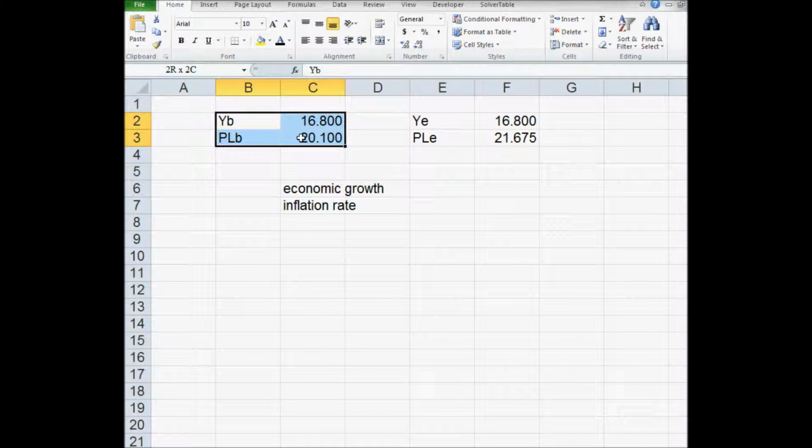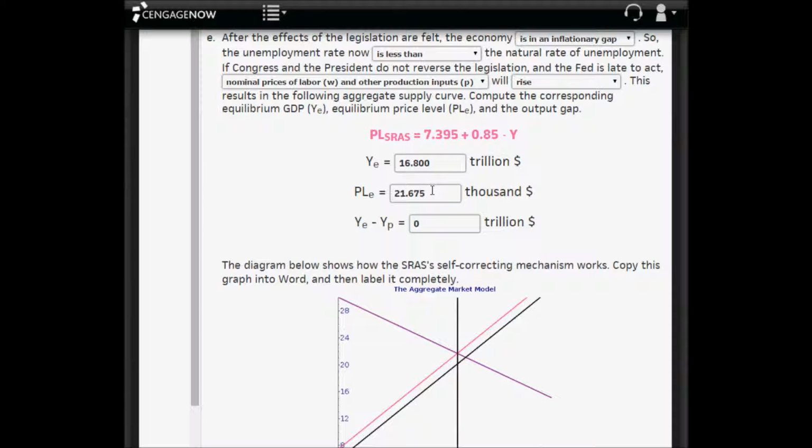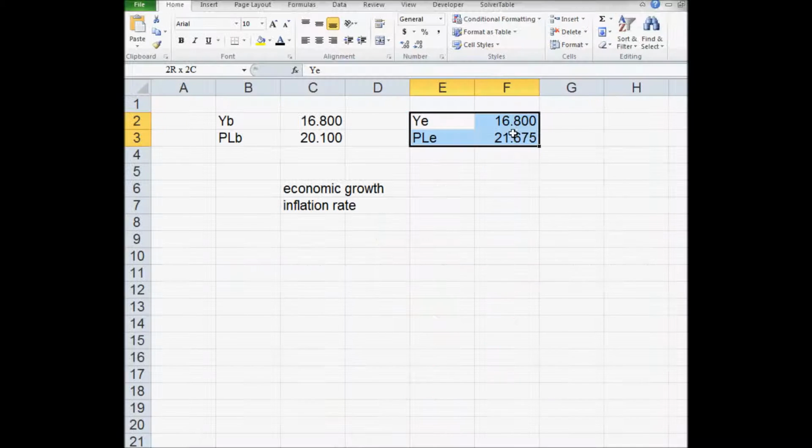These numbers represent the equilibrium for part B. The equilibrium in part E results when wages and prices rise after the lagged fiscal policy, a tax cut, and an increase in government expenditure push the economy into an inflationary gap at this point right here. These numbers here are copied and pasted into Excel here.